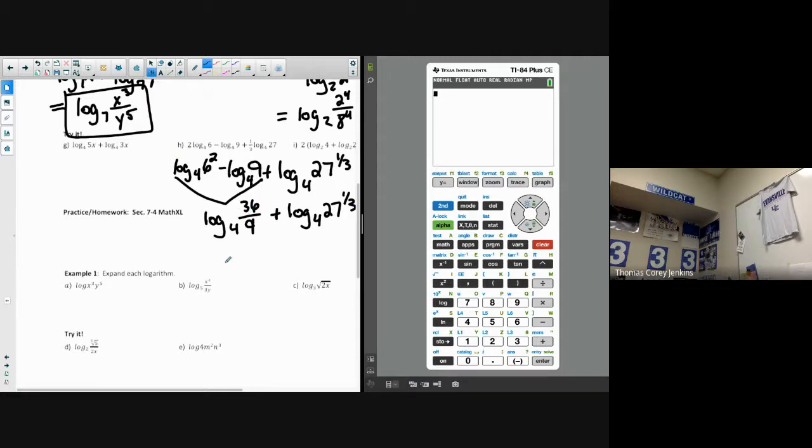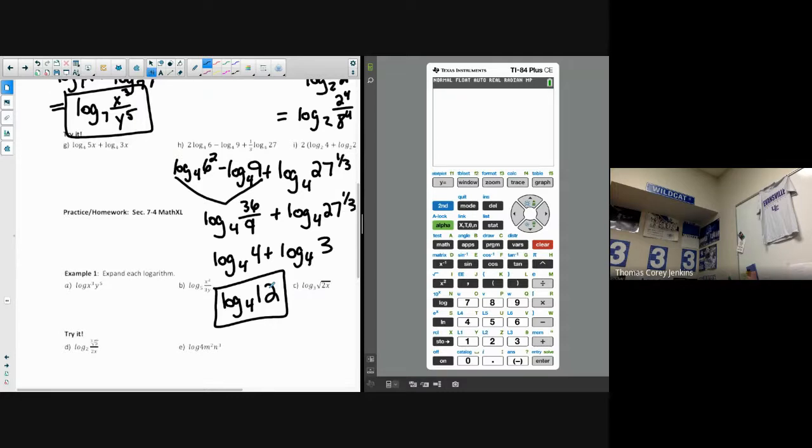So I have log base 4 of 4 plus log base 4. We'll go ahead and simplify that. What's 27 to the 1/3? That'd be 3. So the final answer would be log base 4 of 4 times 3, which is 12, right? And then we would just leave that as is. We can't really simplify that at this point because there is no power of 4 that equals 12. So we would leave that as is.